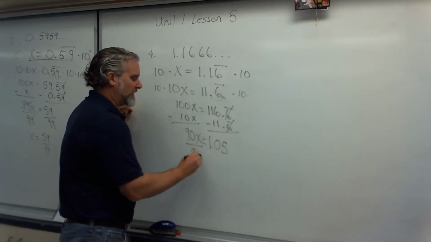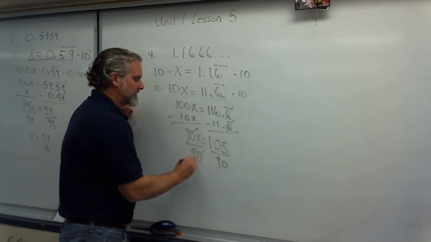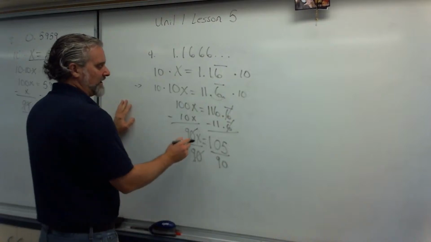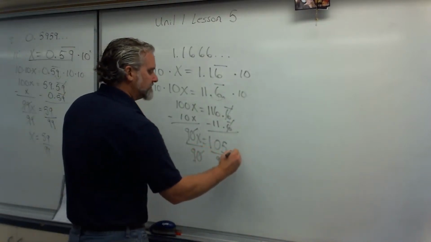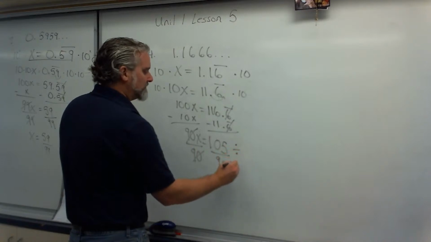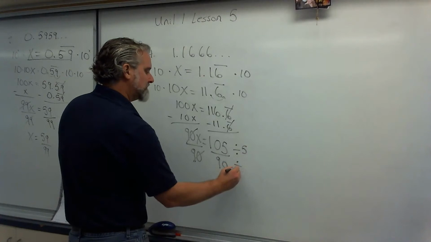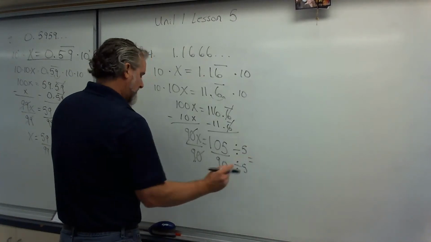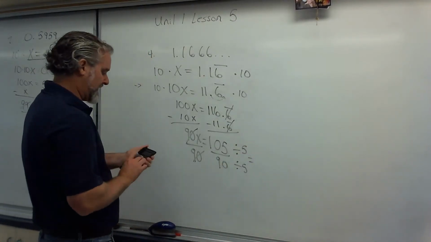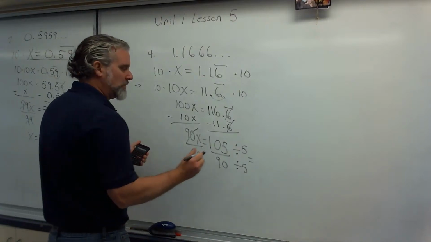Divide both sides by that coefficient in front of the variable so that we can isolate the variable. Divide by 90. x equals 105 over 90, which we can divide both top and bottom by 5. And I'll use my handy dandy trusty Casio. 105 divided by 5 is 21.